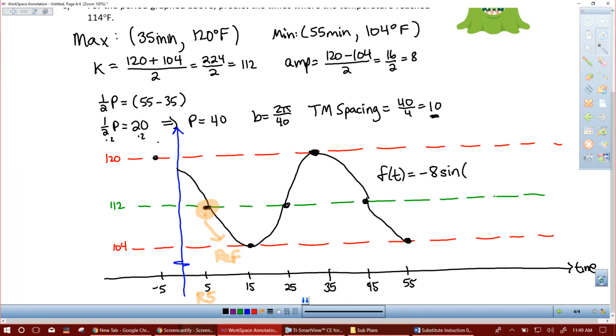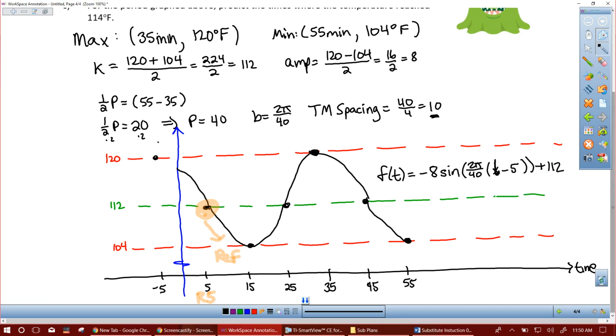B we found to be 2 pi over 40. t, and I want to shift to the right, so t - 5, close, close, and then we said our K was 112. I guess I did the same thing, we're going to call this t.